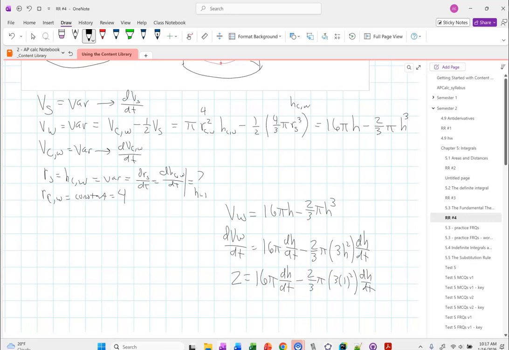Does that feel okay, guys? That's quite hard. It's a quite hard problem, because physically it's really difficult to picture what's going on. Would you give us something like that on the test? Probably not.